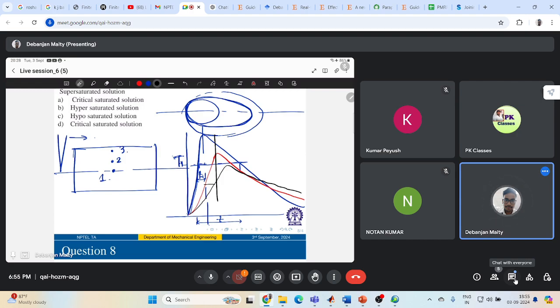So this is T2 and this is T3. T1 is greater than T2 is greater than T3, but in terms of time it is less. Am I correct?